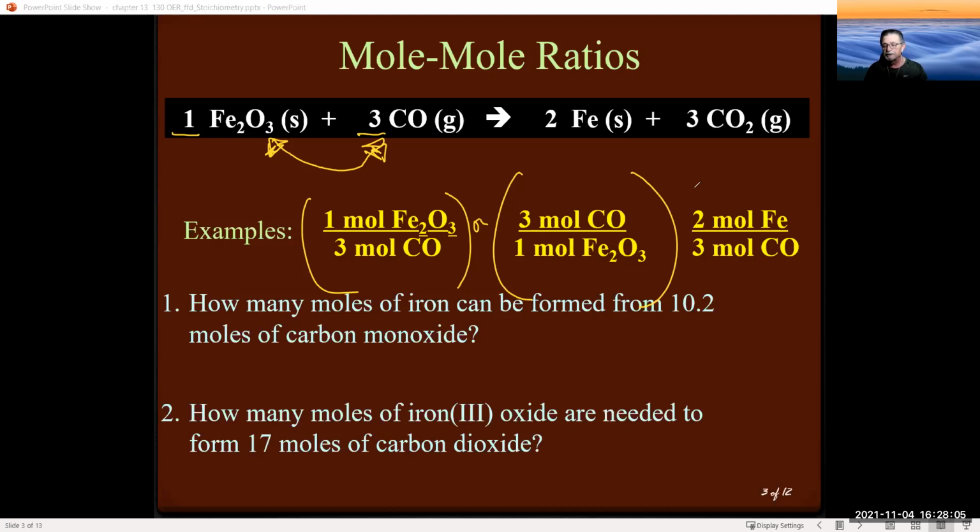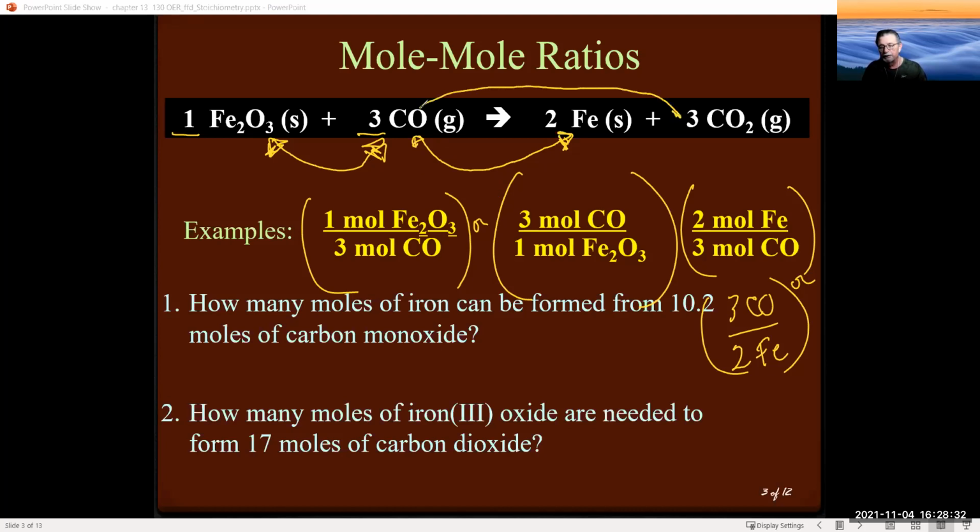So if the next scenario here, you have carbon monoxide and its relationship with iron, which is a 2:3 ratio. We can write that with CO on top and 2 irons in the denominator, okay? And that's one relationship. And then the other relationship is carbon monoxide with carbon dioxide.